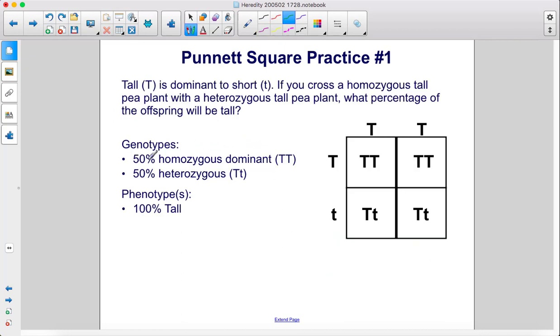So here we have 50% homozygous dominant, so 2 capital T's, and 50% heterozygous, so mixed, 1 uppercase, 1 lowercase. 100% tall is the phenotype because the only way we would get a short pea plant would be having 2 lowercase t's, which does not exist here.